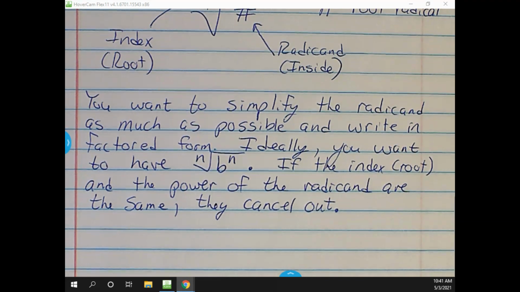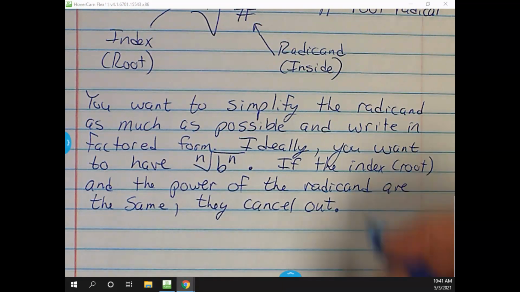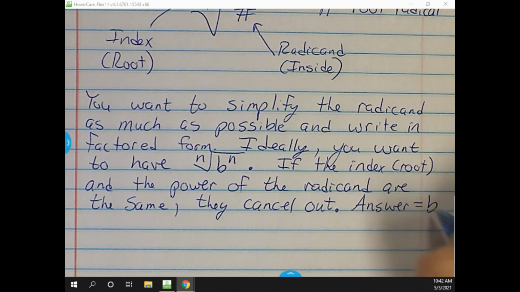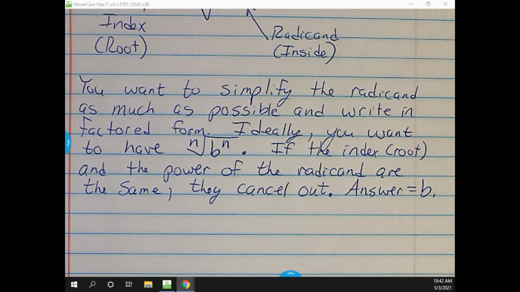Okay, so the nth root and the nth power would basically cancel each other out. That's going to leave you with an answer of whatever that number is. Whatever the number is, that's the answer.